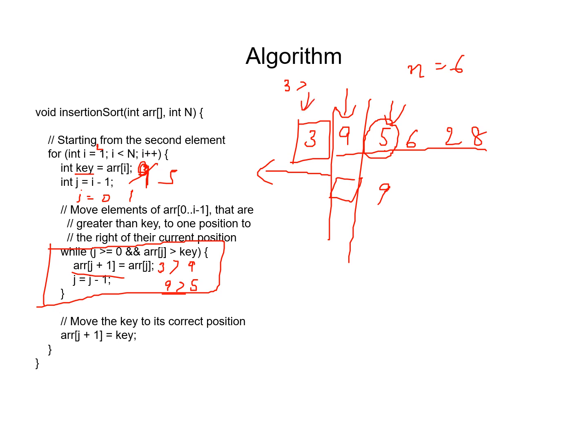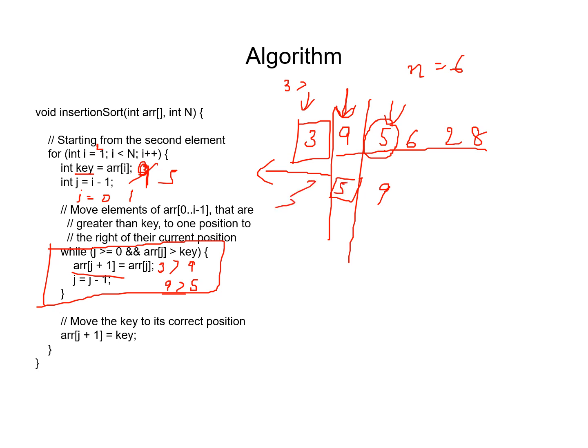So now j will be at the 0th position. Now array of 0 is 3, compared with this particular key, that is the temporary variable 5. So this condition is false this time. So what will happen? array[j plus 1], that is array 1: in array 1, I'll keep key, that is the 5, after the 3.